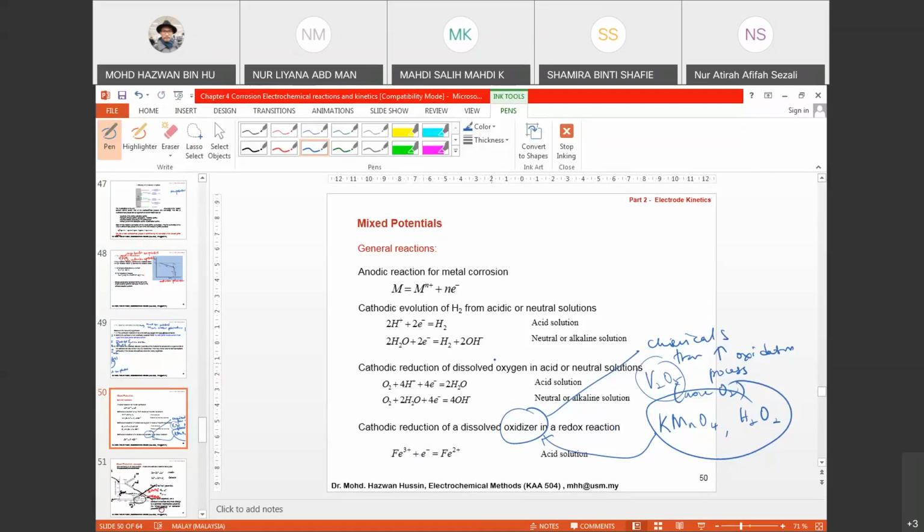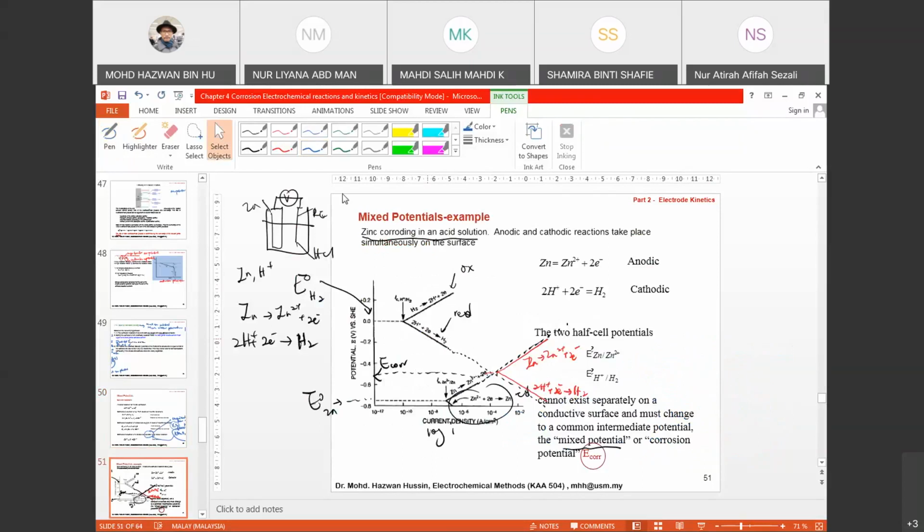For mixed potential, you should consider one half equation for the anodic reaction, and the other half equation comes from the cathodic reaction, depending on whether it's neutral, acidic, or with the addition of an oxidizer. We take one example over here. Let me erase it.